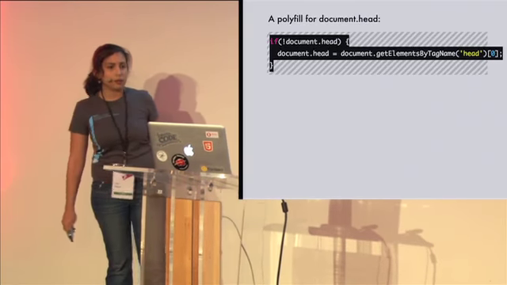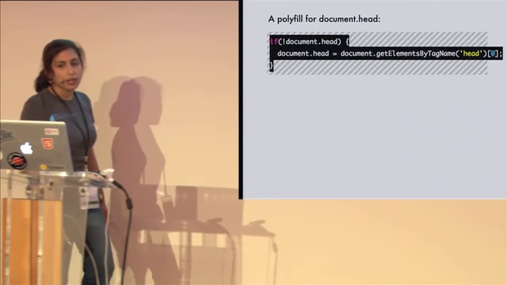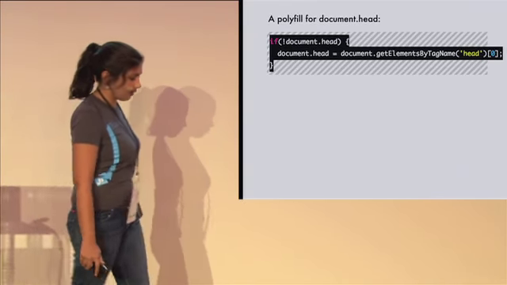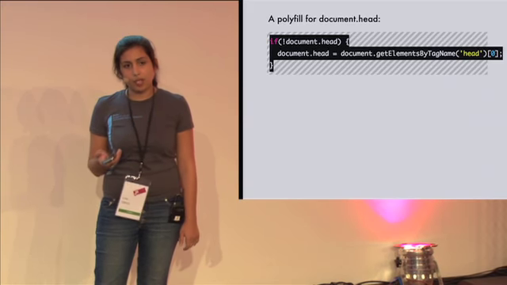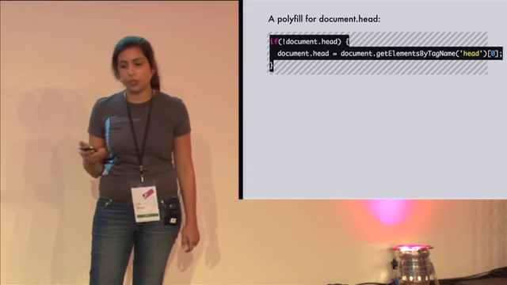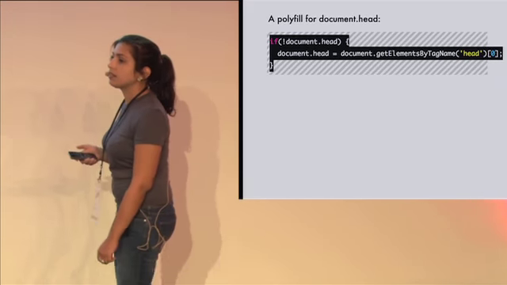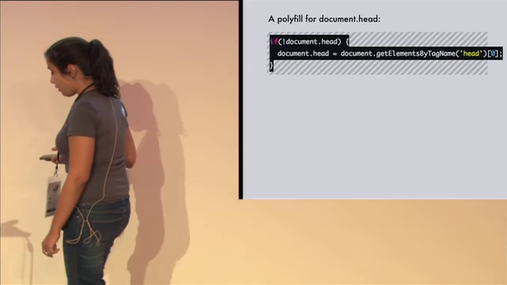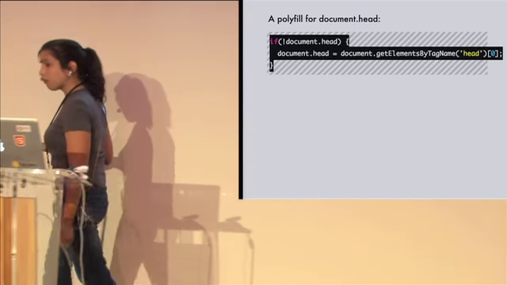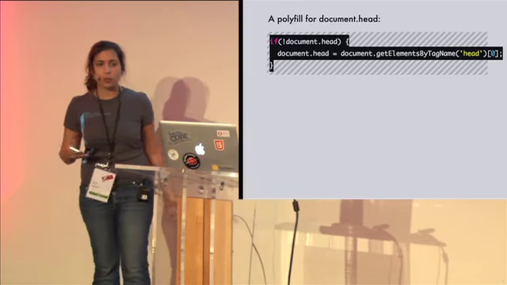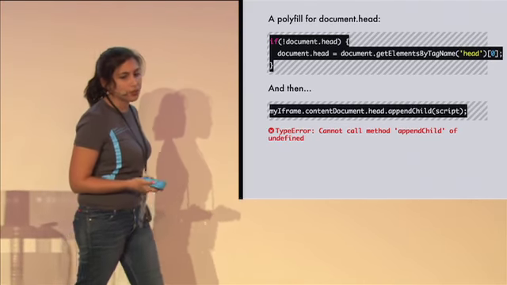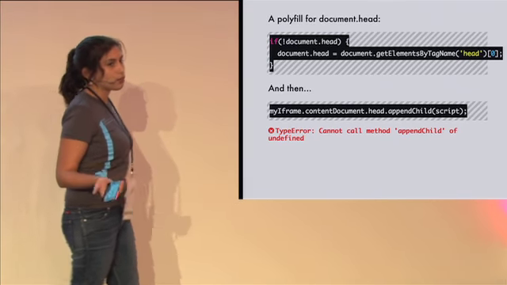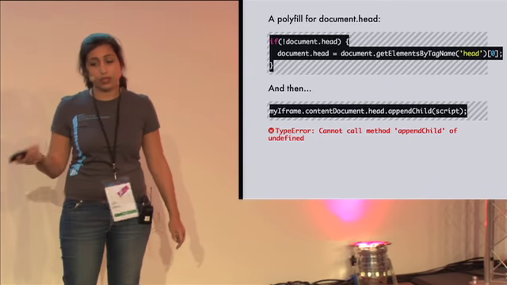You just check if document.head has a value, and if it doesn't, you just assign the first head element to it. However, there's a big problem in that, and I'm pretty sure some of you have already started seeing it. If your document only has one frame, that's fine. It will work. But if you have multiple frames and you try to actually use that in the other frame, it won't. You will get a type error.